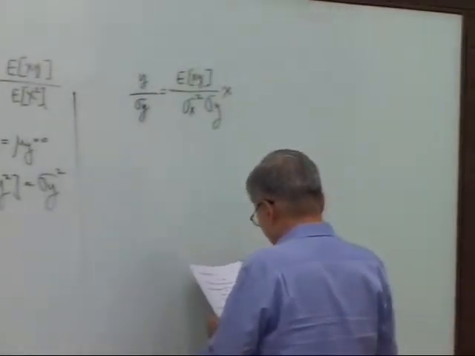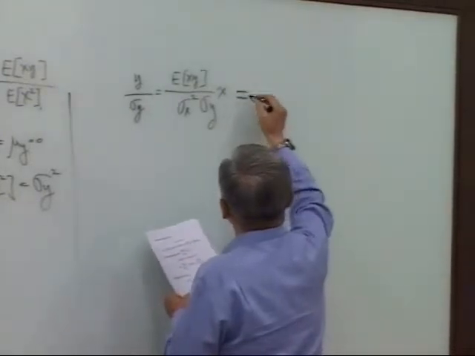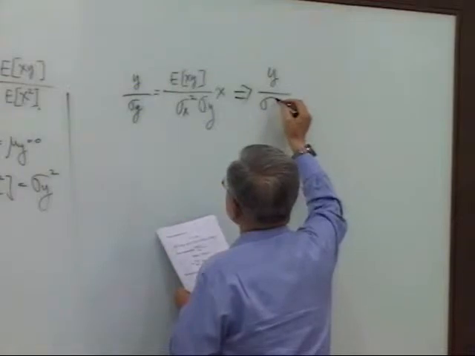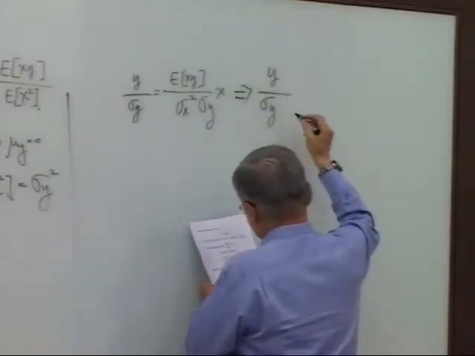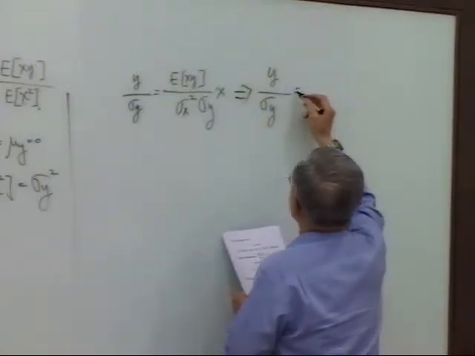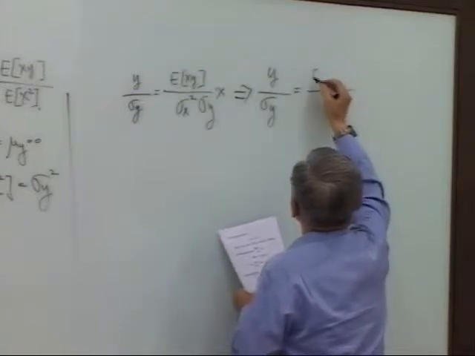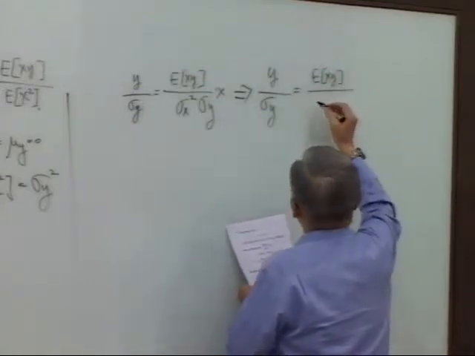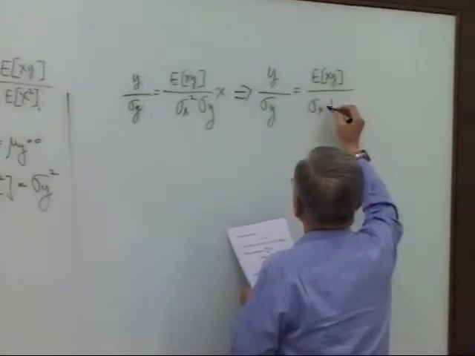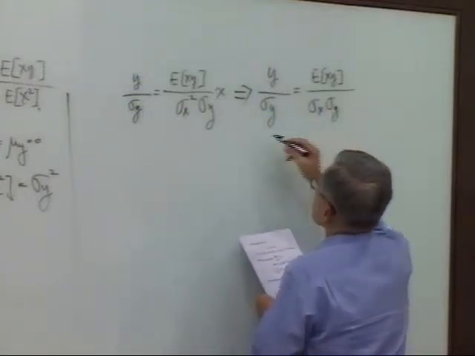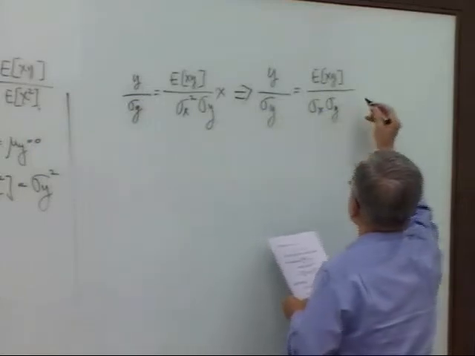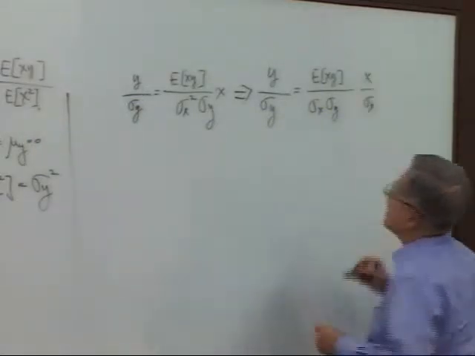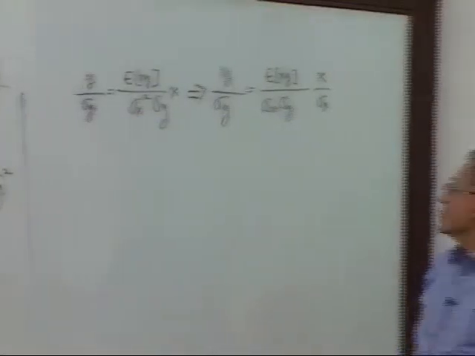So next, what I can do is the same for y: sigma y is equal to E[xy] over sigma x, sigma y, and move the sigma x right here and put the x right there.